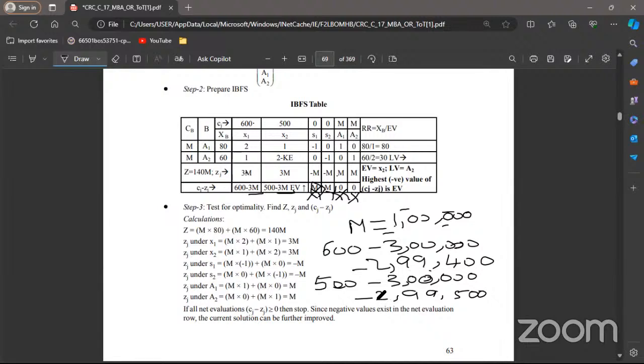Look at the magnitude, ignoring the minus sign. Which is the bigger number, 2,99,500 or 2,99,400?